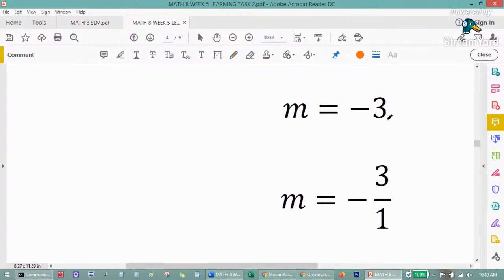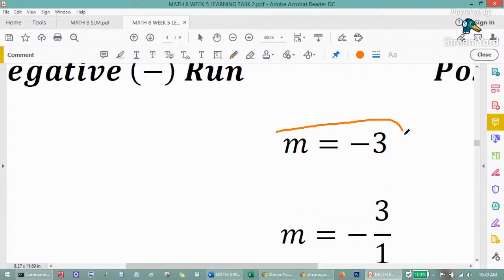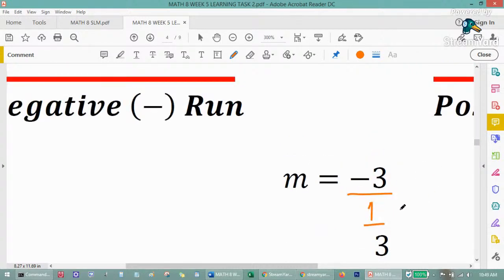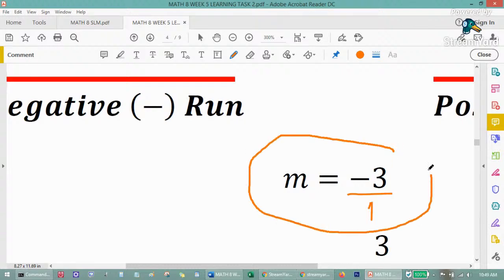Yung m is equal to negative 3 ay i-divide lang natin ng 1. Ayan ang slope natin.